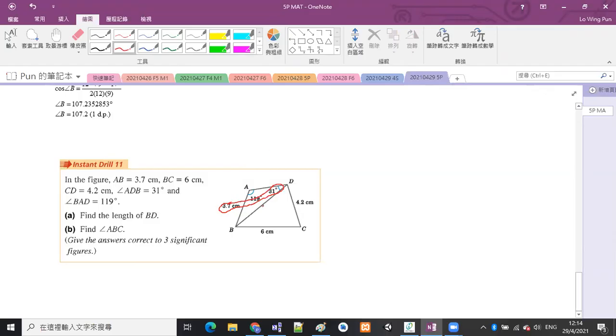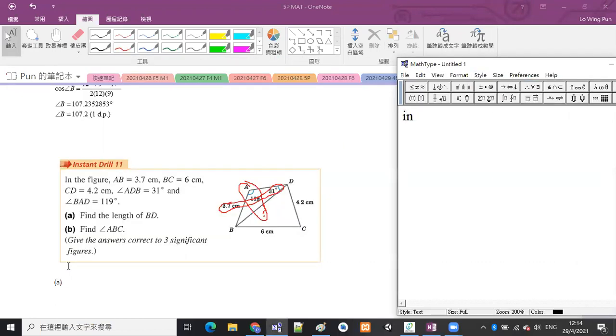And then because we want to find BD, and we have 119 degrees. And these are two pairs of corresponding length and angle, and we know three of them. Then we can find the fourth one. Okay, so in part A, we are going to use sine formula in triangle ABD.